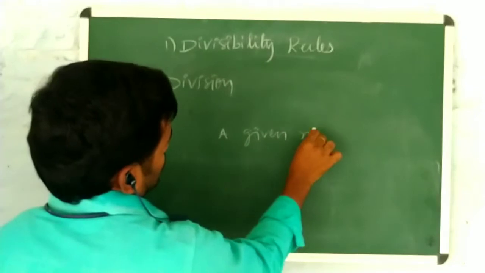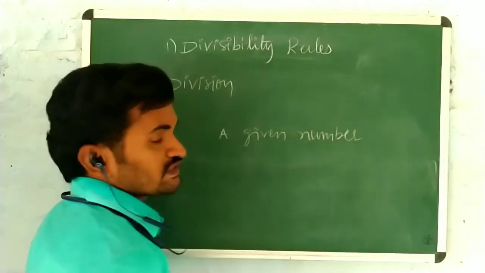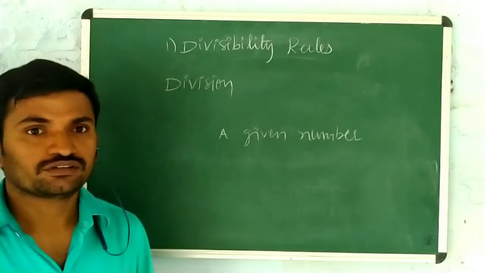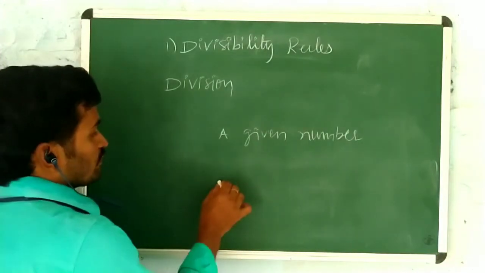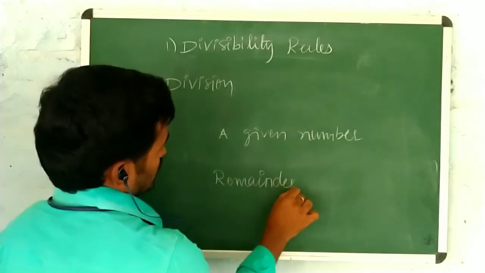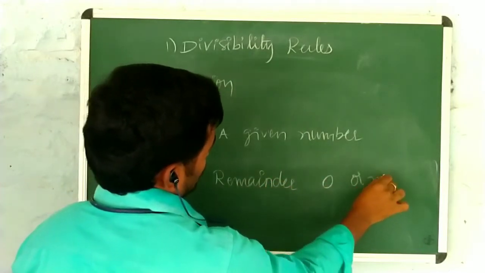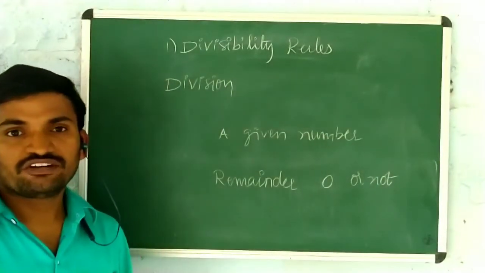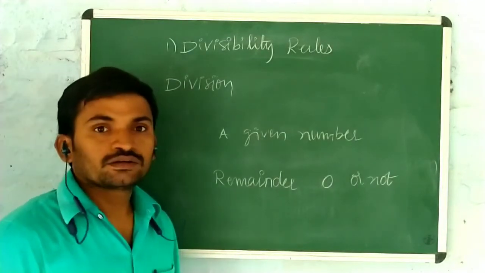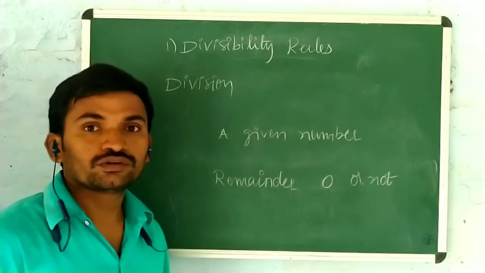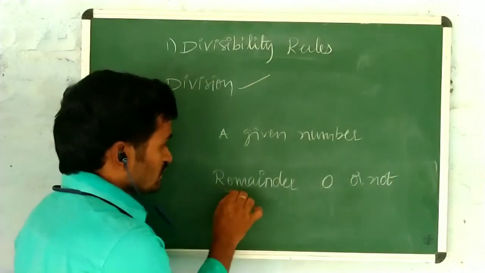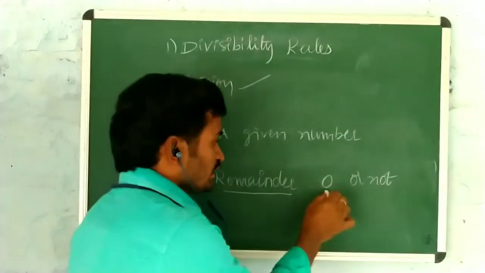To check whether a given number is divisible by another number or not, we will perform division and check whether the remainder is 0 or not.